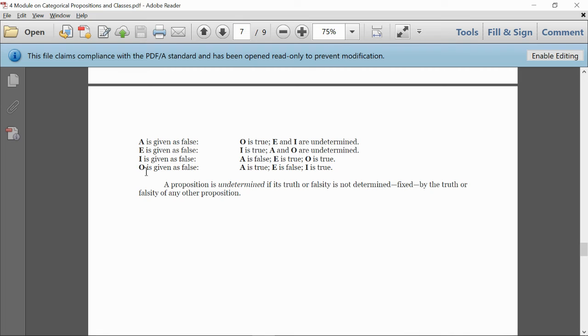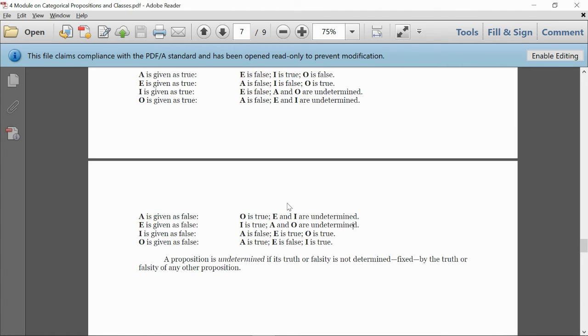Lastly, when proposition O is given as false, proposition A is true, proposition E is false, and proposition I is true. So a proposition is undetermined if its truth or falsity is not fixed by the truth or falsity of any other proposition.